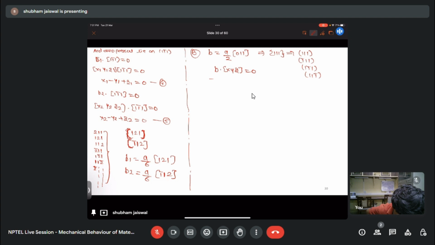So here we have 0 1 1 dot 1 1 1, 0 1 1 dot 1 bar 1 1, 0 1 1 into 1 1 bar 1, and 0 1 1 dot 1 1 1 bar.